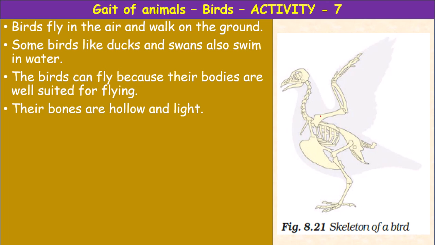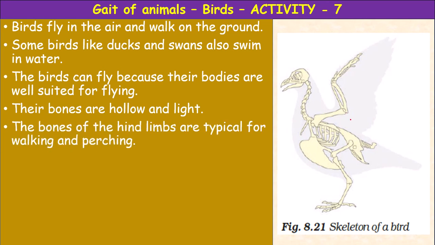The forelimbs are modified into wings. The bones of the hind limbs are typical for walking and perching. So the hind limbs, legs, are strong, they help in walking as well as perching. Perching means holding the branches or holding any prey.